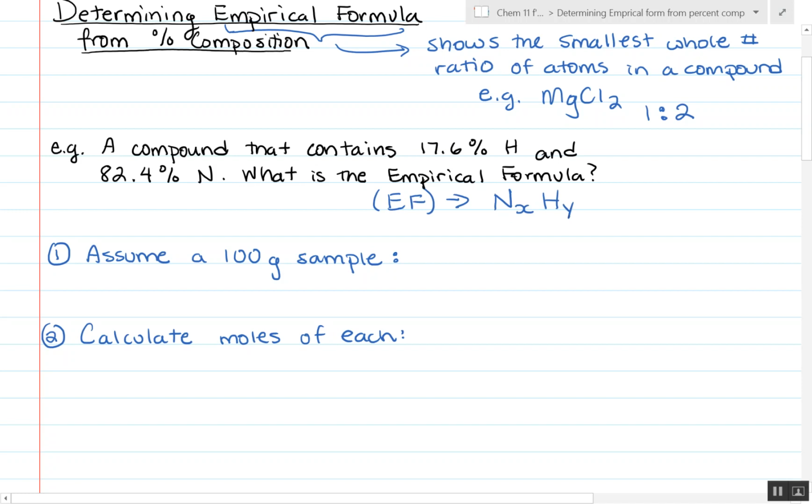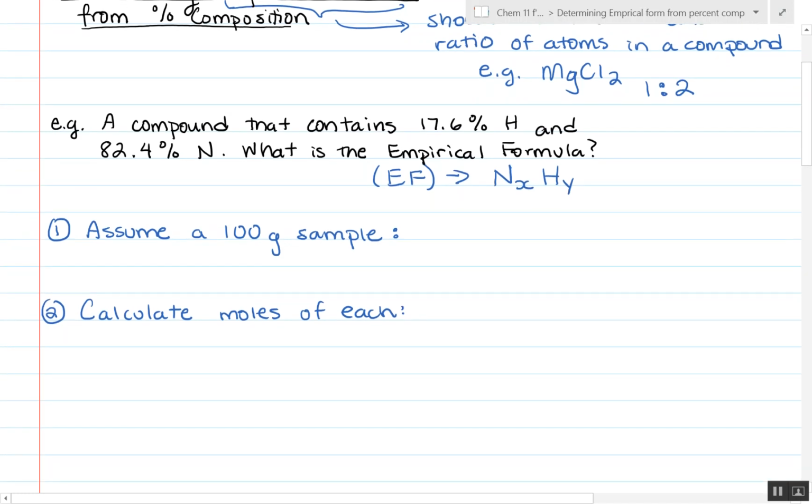So our first step in doing this is to assume that we're working with a 100-gram sample. So if we have 17.6% hydrogen in a 100-gram sample, that means we're going to have 17.6 grams. And the same thing for nitrogen, we would have 82.4 grams.